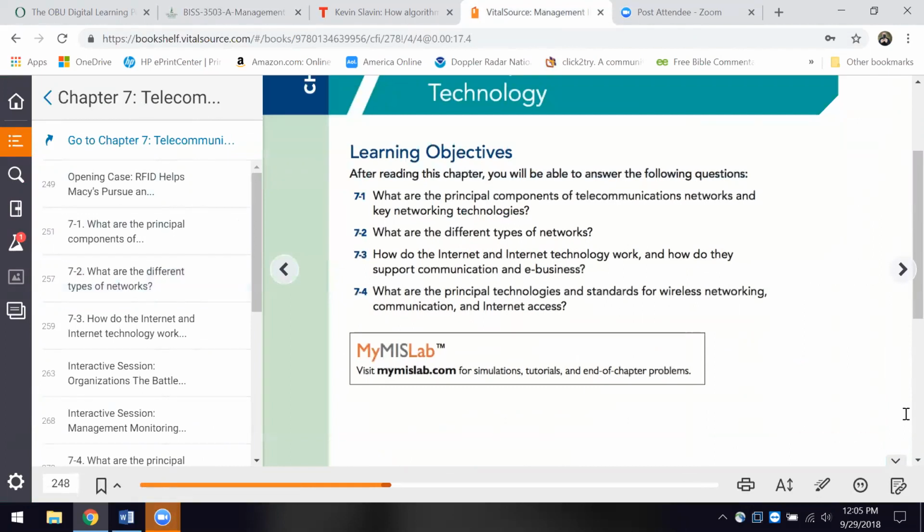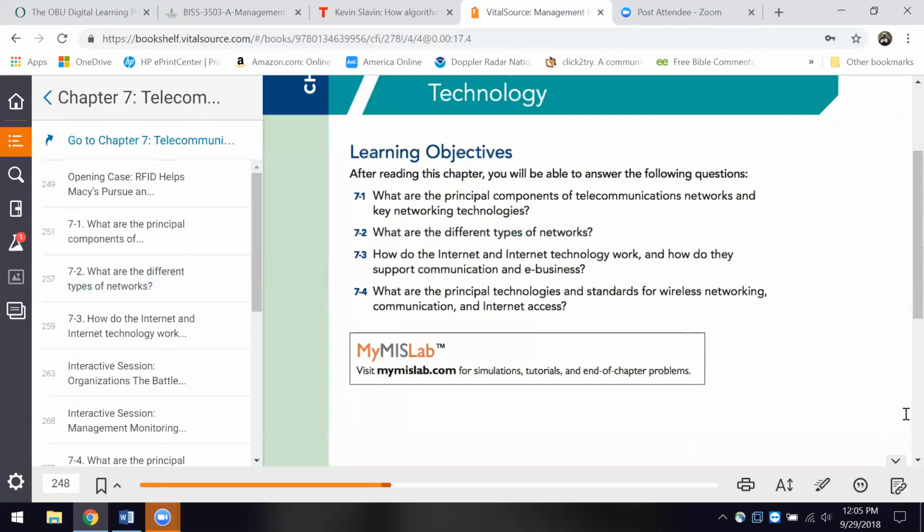And this gives us an overview of the network technologies that we have here in the United States, how they work, and how they provide support for communication for electronic business, and then some of the principal standards. It's good for you to understand that for a key reason.